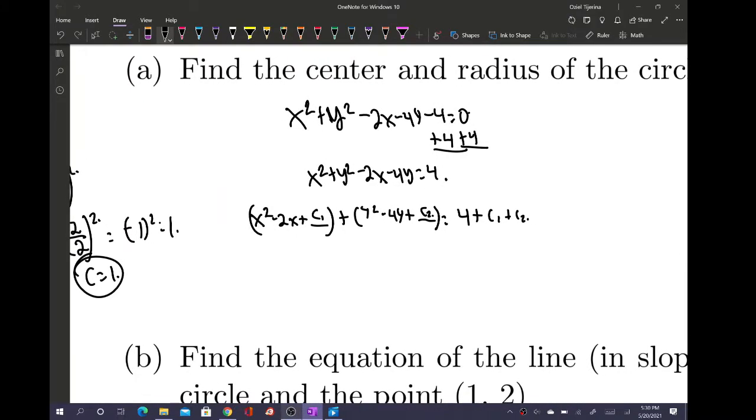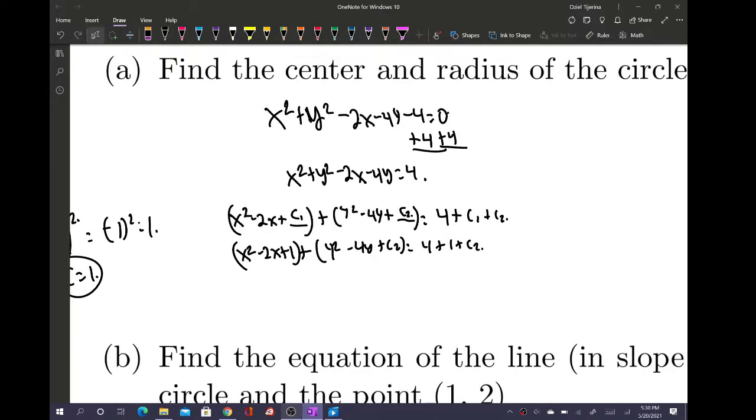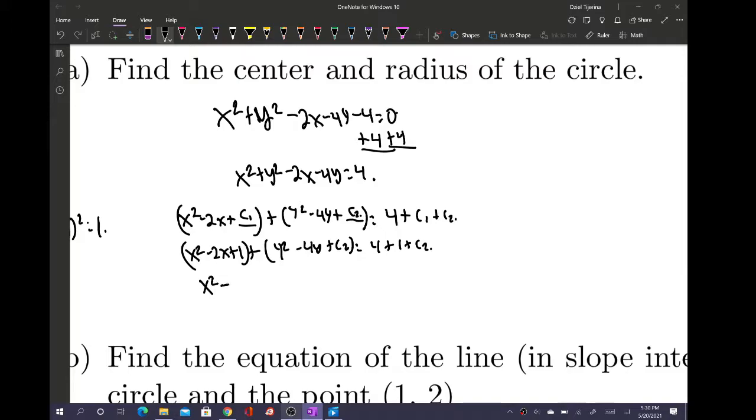So we have x squared minus 2x plus 1 plus y squared minus 4y plus c2 equals 4 plus 1 plus c2, which is 5 plus c2. So we have to do the other one.